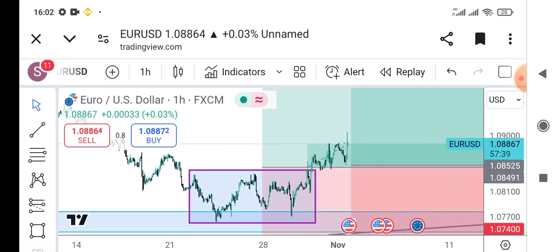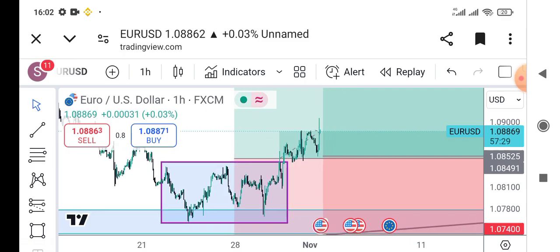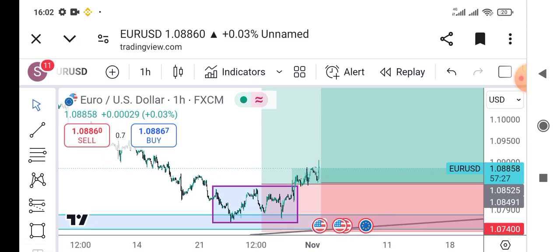So anytime it breaks out, that point where it breaks, that one becomes our entry. That zone is very safe, my friends. That zone is very, very safe.